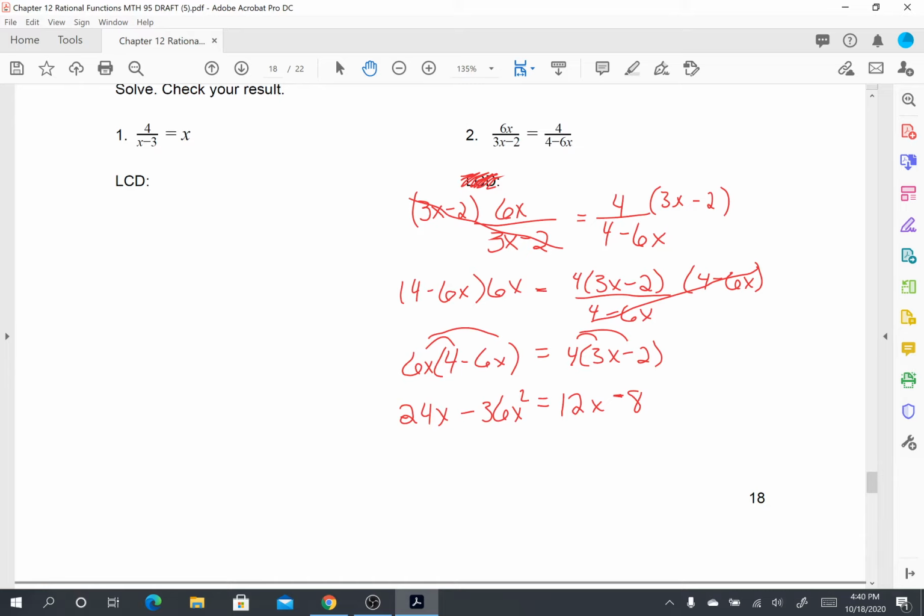And let's get everything onto one side. Let's bring it all over here. So I'm going to subtract the 24, and I'm going to add the 36x squared. So I'd get 36x squared minus 12x minus 8.